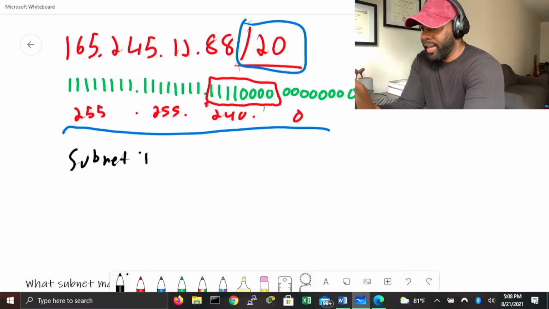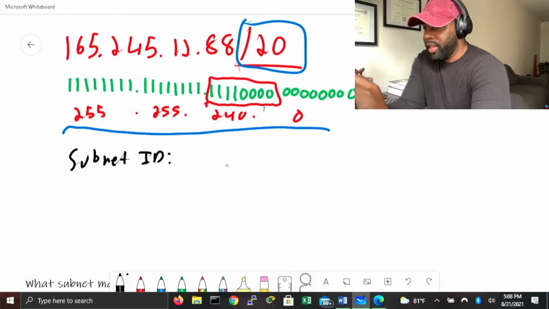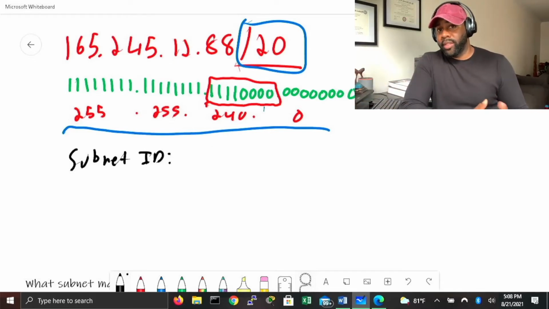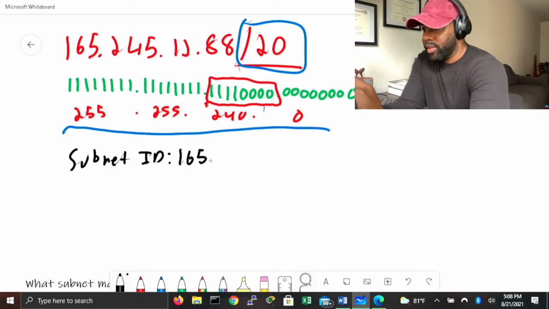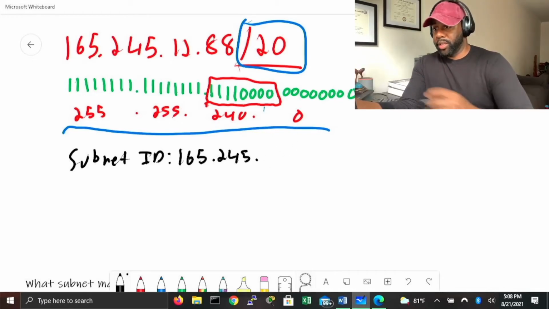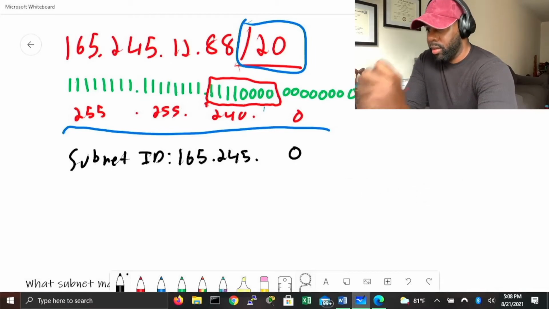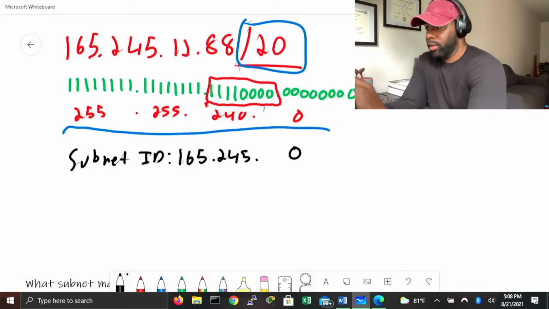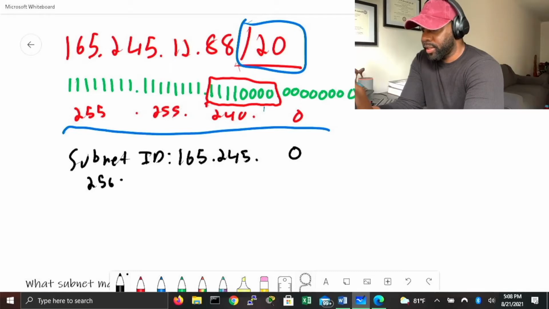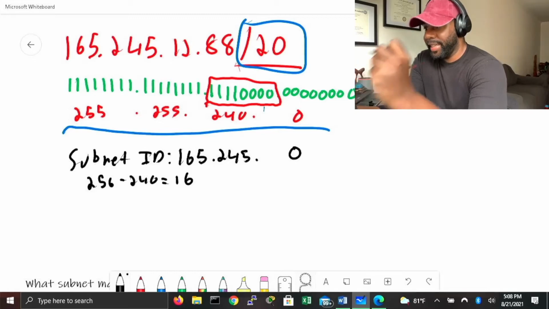So the subnet ID: let's copy everywhere there's a 255, so 165.245, and where there's a 0, we put a 0. Straightforward. Now the next thing we're going to do is calculate the magic number. That's 256 minus 240, which is equal to 16.